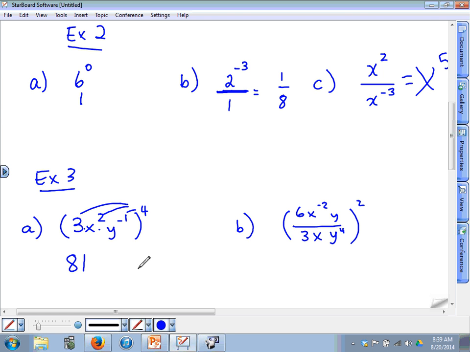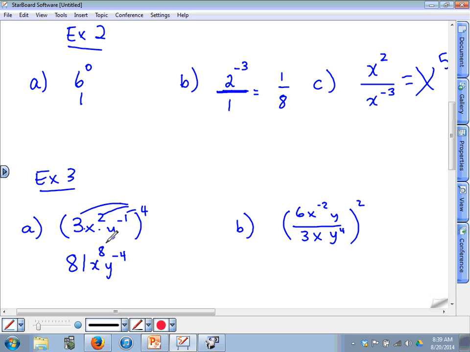Oh boy, what about x squared to the 4th? X to the 8th. If you have a power to a power, you multiply, so that's x to the 8th. Y to the negative 4. And just as a matter of writing this in its fully simplified form, you never leave anything with a negative exponent.